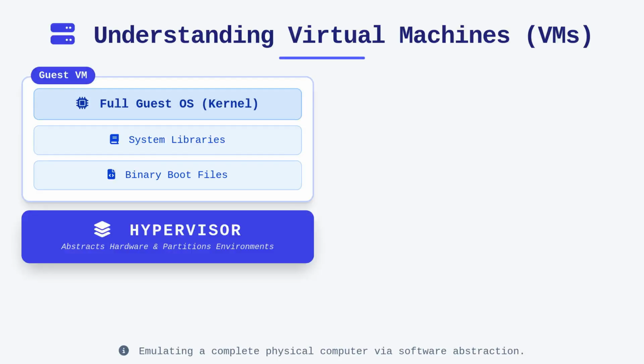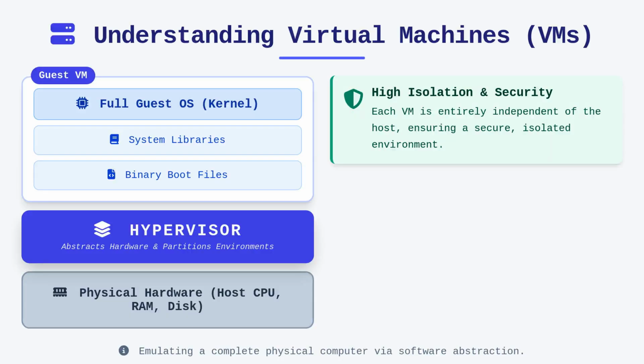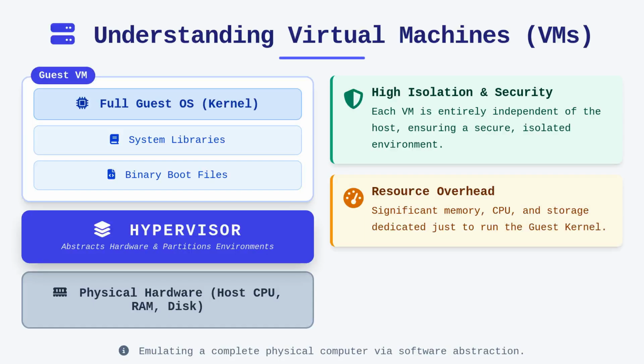This approach relies on a hypervisor, a software layer that abstracts the physical hardware and partitions it into multiple isolated environments. Because the guest operating system is entirely independent of the host, you gain a high degree of security and isolation. However, this comes at the cost of significant resource overhead, as each virtual machine must dedicate a portion of the host's memory, CPU, and storage just to run its kernel.